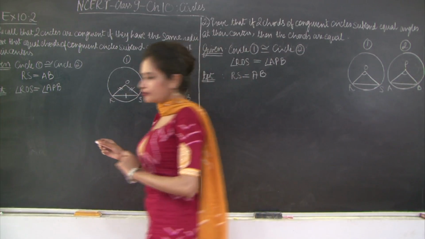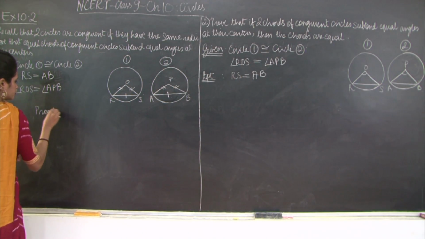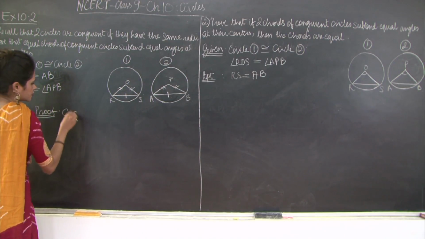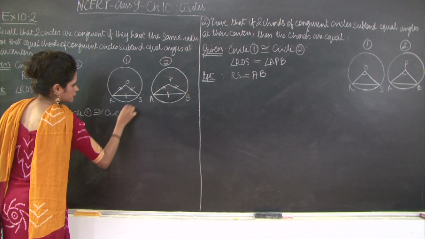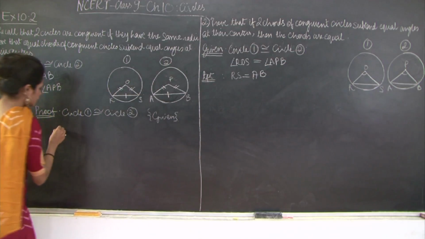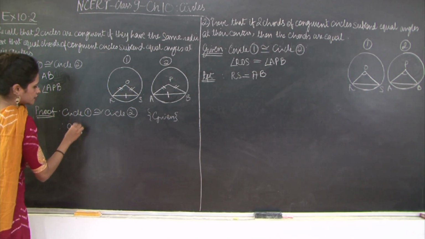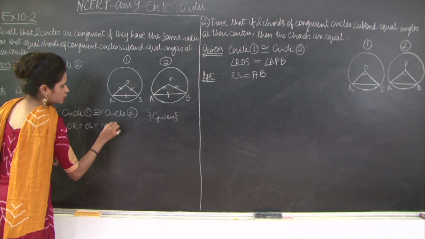So, let us write down the proof quickly. I will say proof. Circle 1 is congruent to circle 2. This is given. Therefore, OR is equal to OS is equal to PA is equal to PB.